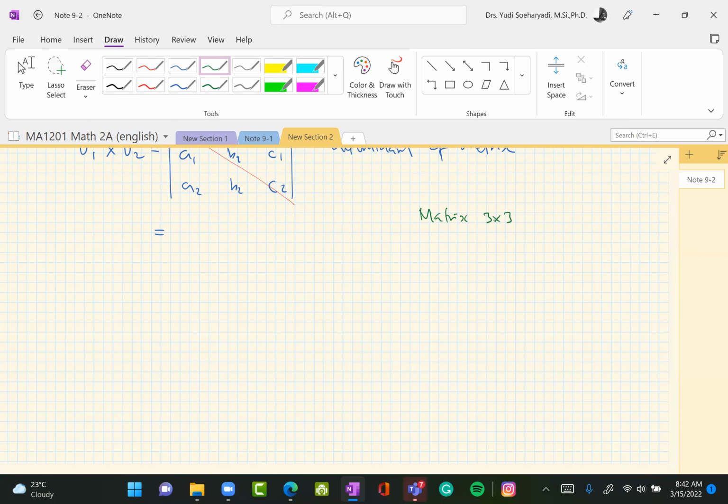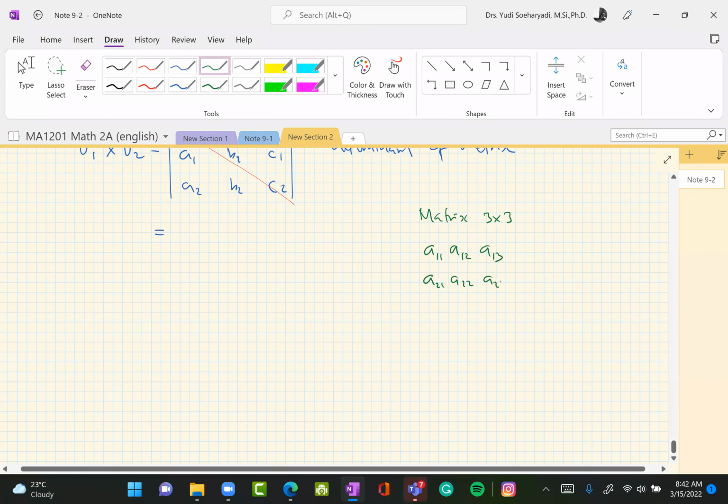If 3 by 3, then you have a11, a12, a13, a21, a22, a23, a31, a32, a33. For the determinant, pretend you copy the first 2 columns.